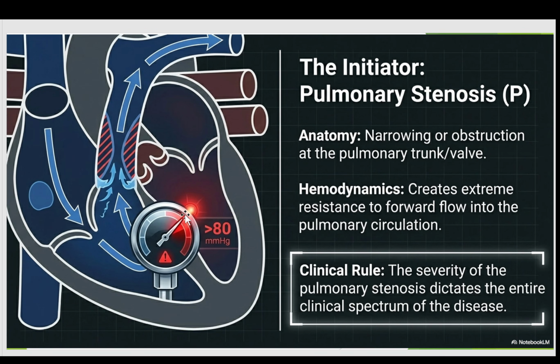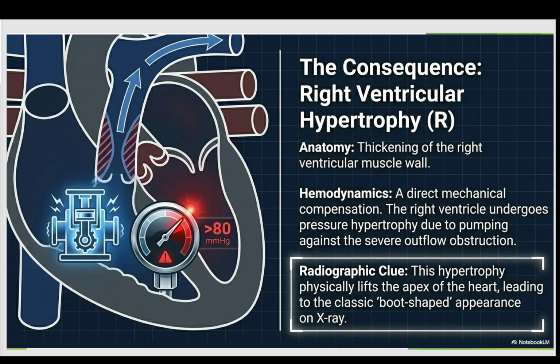So this is the critical element in Fallot's physiology. Fallot's physiology is never without pulmonary stenosis, and this is the initiating event which triggers the high pressure development in the right side. So right ventricular hypertrophy ensues and the blood flows from the right circulation to the left sided circulation.